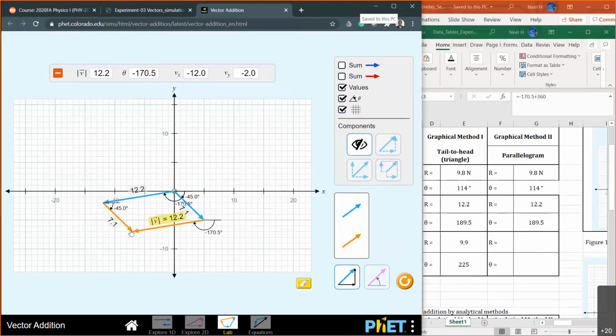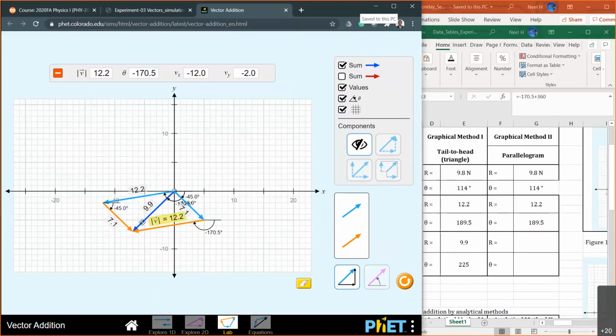Then wherever these two cross, you identify the diagonal from the origin, and that should be the result of these blue vectors. To check that, all you need to do is click the blue color icon here, sum. If it is the right vector, you can see that it exactly matches the diagonal.